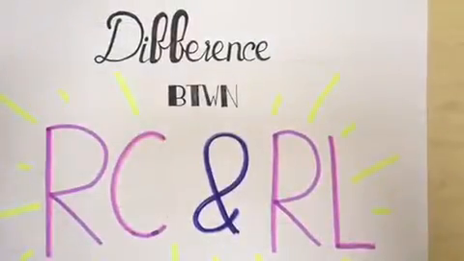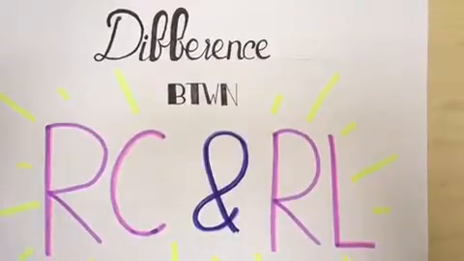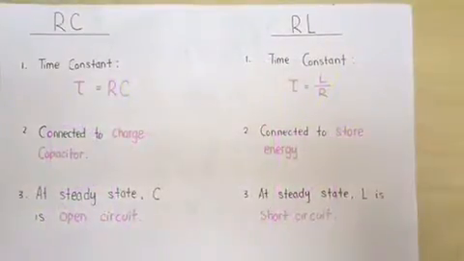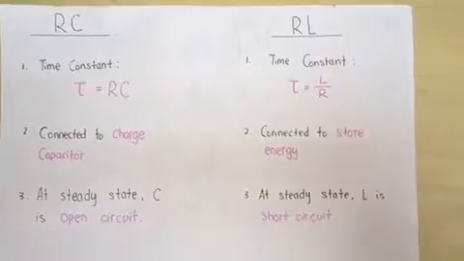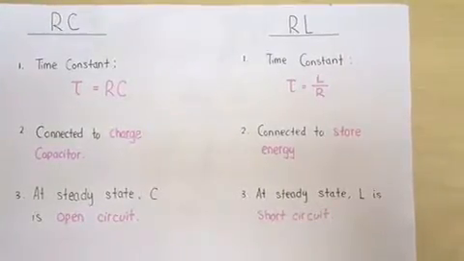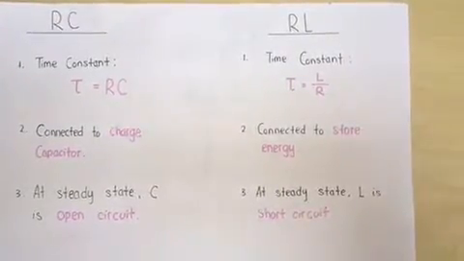So now we'll be comparing RC and RL transient circuits. Apart from RC circuits using capacitors and RL circuits using inductors, they have other differences as well.